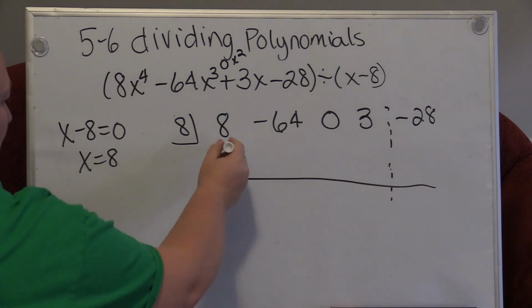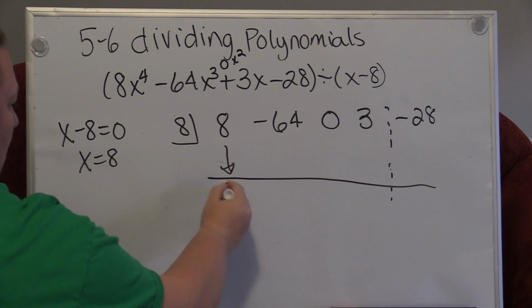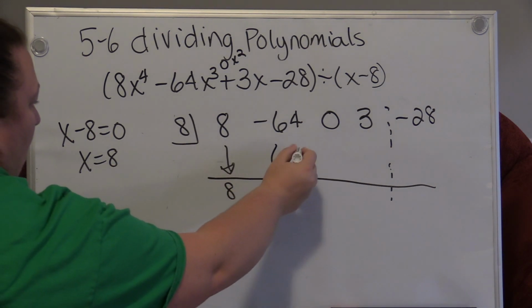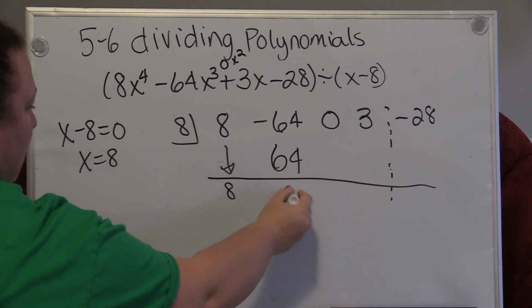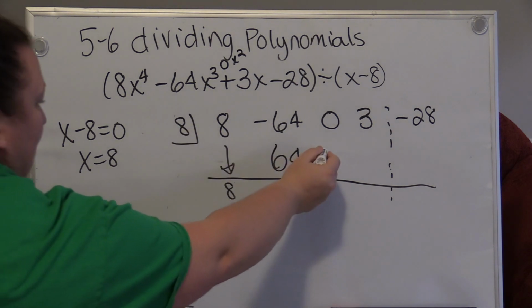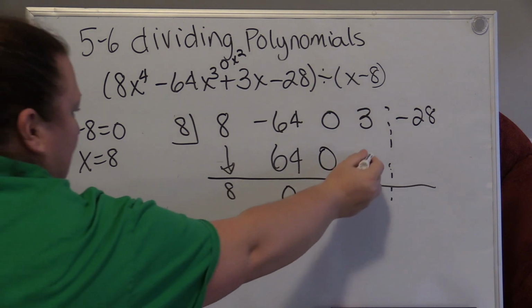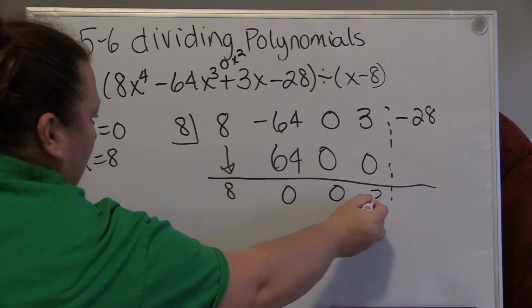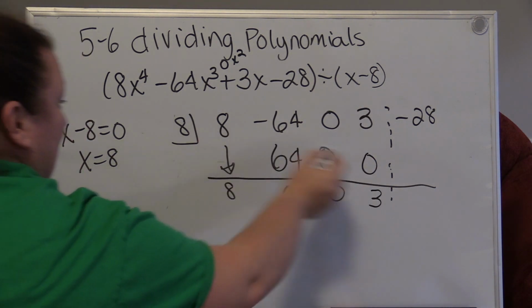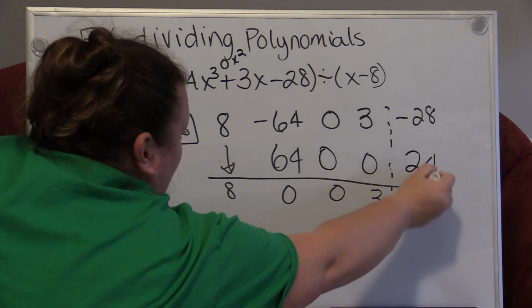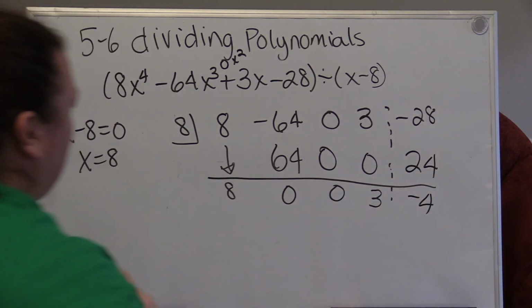I'm going to drop down my 8. 8 times 8 is 64. Add them together, 0. 0 times 8 is 0. Add them together, 0. 0 times 8 is 0. Add them together, get 3. 3 times 8 is 24. Add them together, you get negative 4.